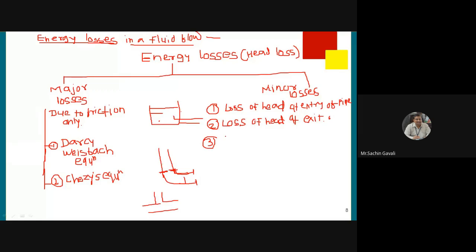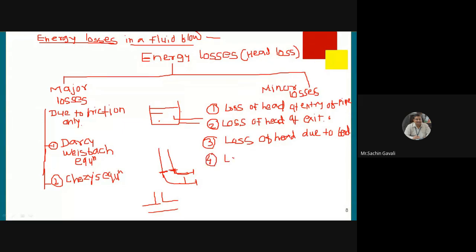So loss of head due to bend. Then another: pipe fittings are there.